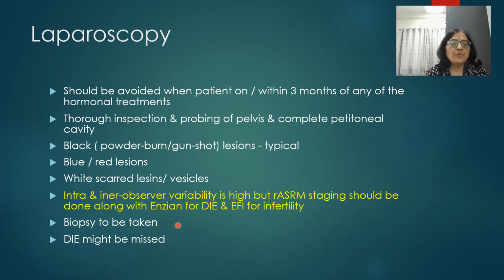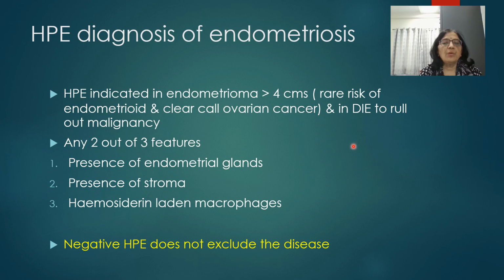Biopsy is to be taken from suspicious areas, but most important is that DIE, deep infiltrating endometriosis, might be completely missed by laparoscopy. About the histopathological diagnosis, histopathological examination is indicated in endometrioma whenever it is more than 4 centimeters, because there is a rare risk of endometrioid or clear cell ovarian cancer.